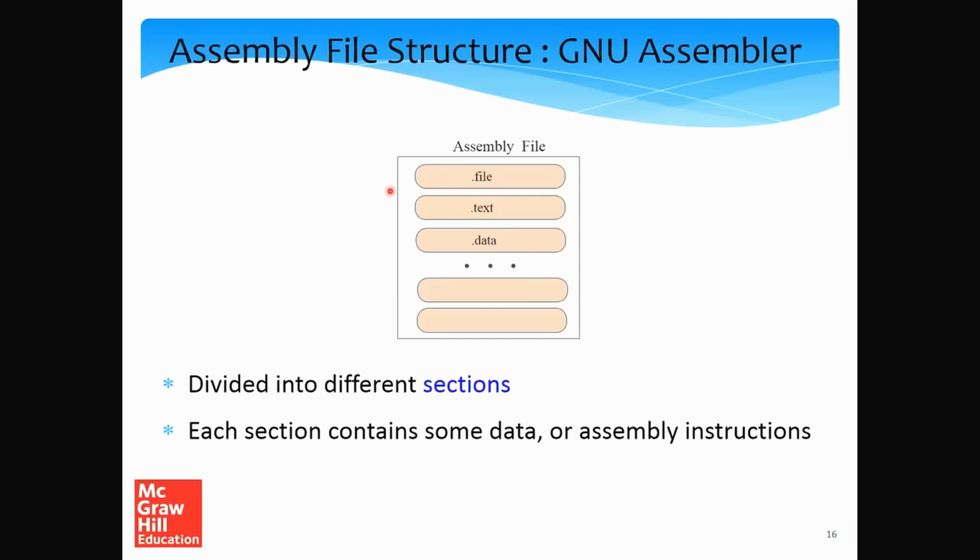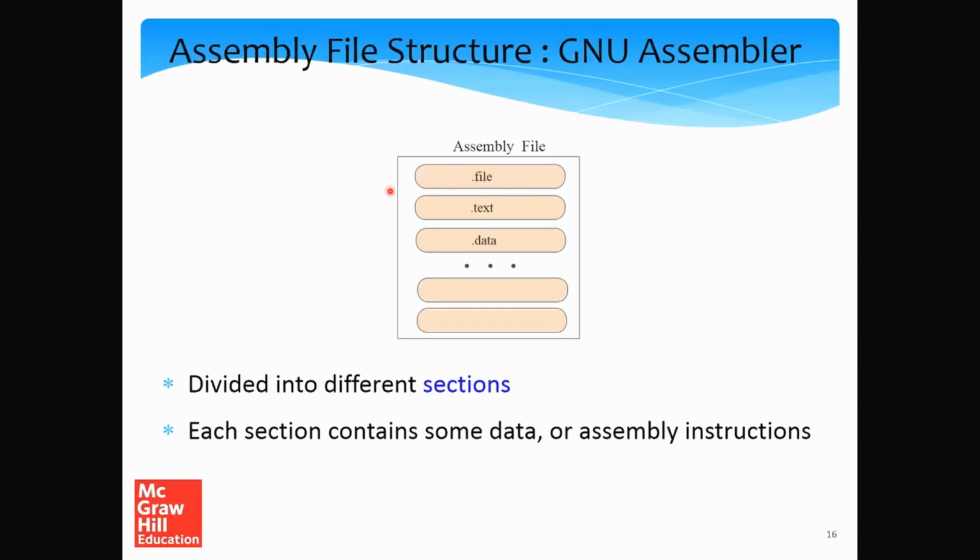We will discuss the assembly structure of the GNU assembler, which is very common in Linux and Mac OS. Even assembly files in diverse operating systems such as Windows have a roughly similar structure, even though there are differences. But we only want to discuss the generic parts in this lecture.